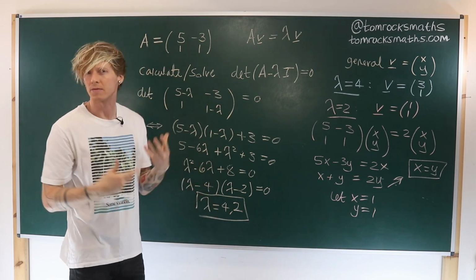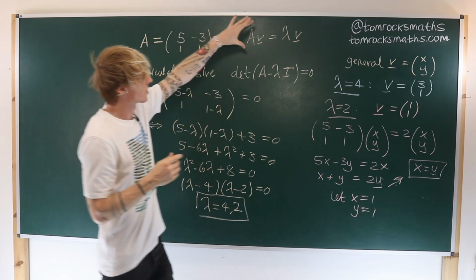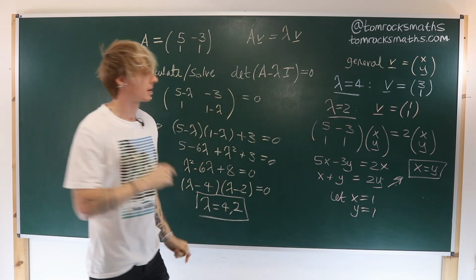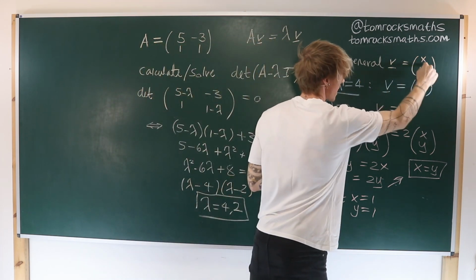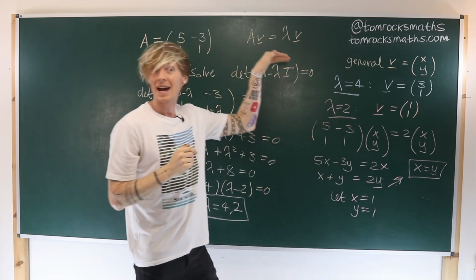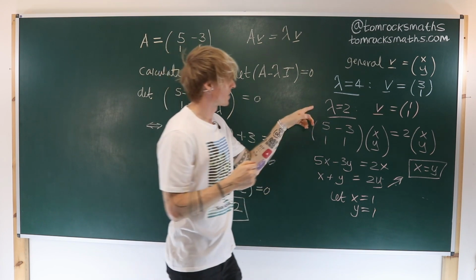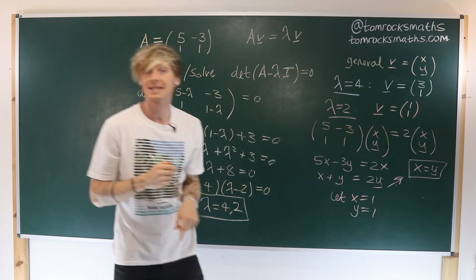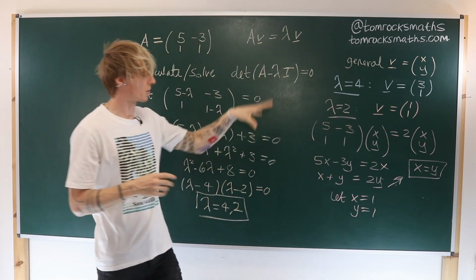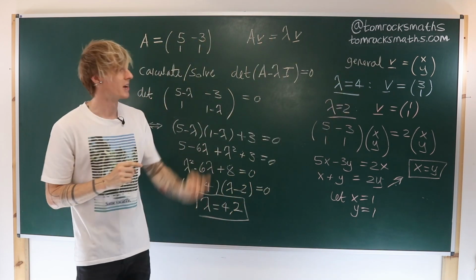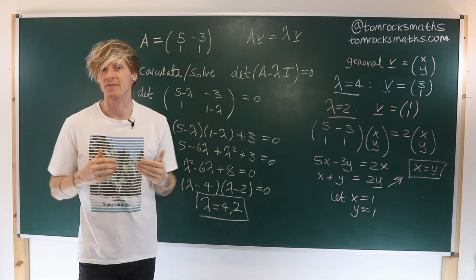These are our eigenvalues. We then substitute those in one at a time and solve for a general vector (x, y) to find when we have an eigenvalue of 4, the vector is (3, 1). And when we have an eigenvalue of 2, v is given by (1, 1). And of course, both of these are non-zero, so therefore they are valid eigenvectors.